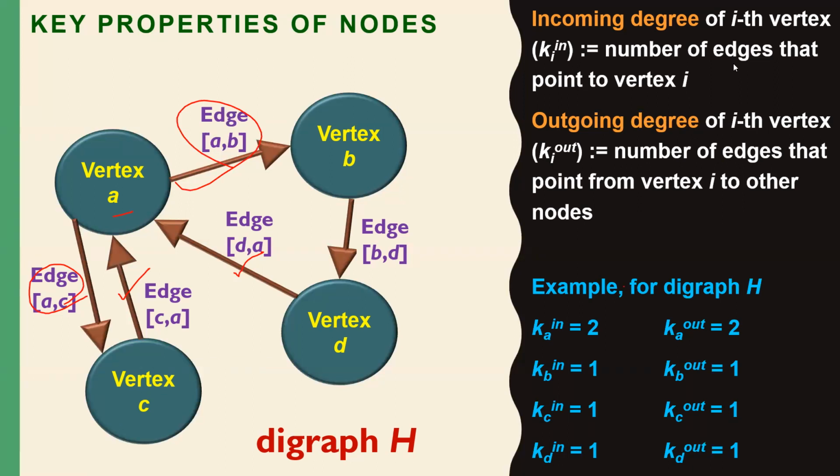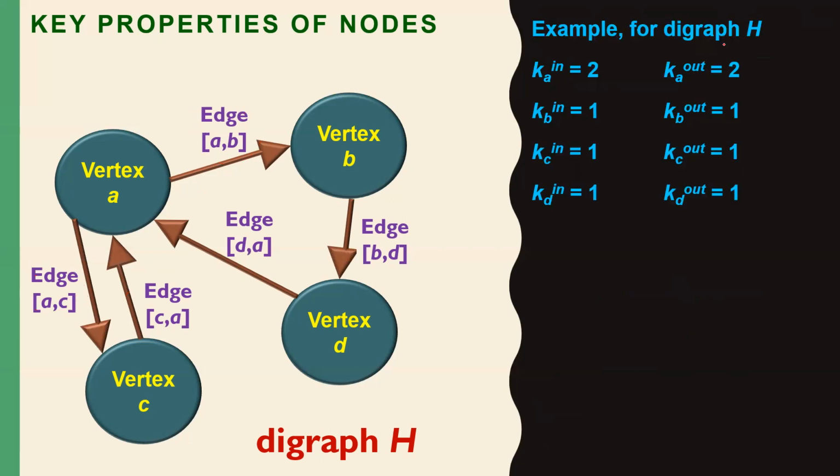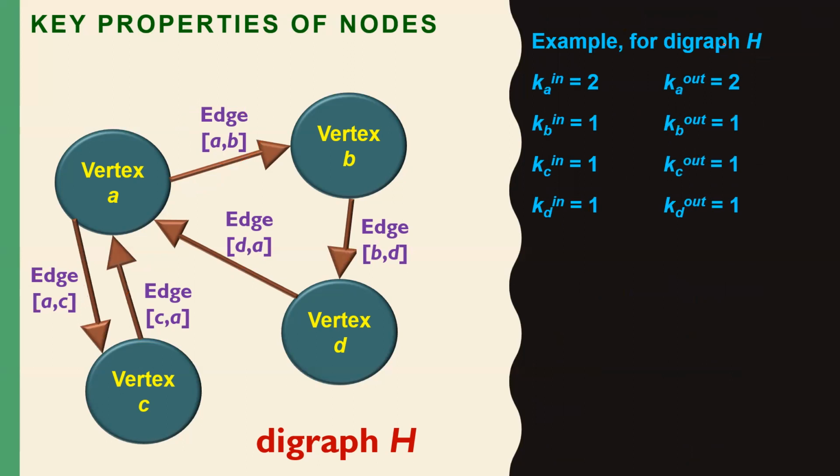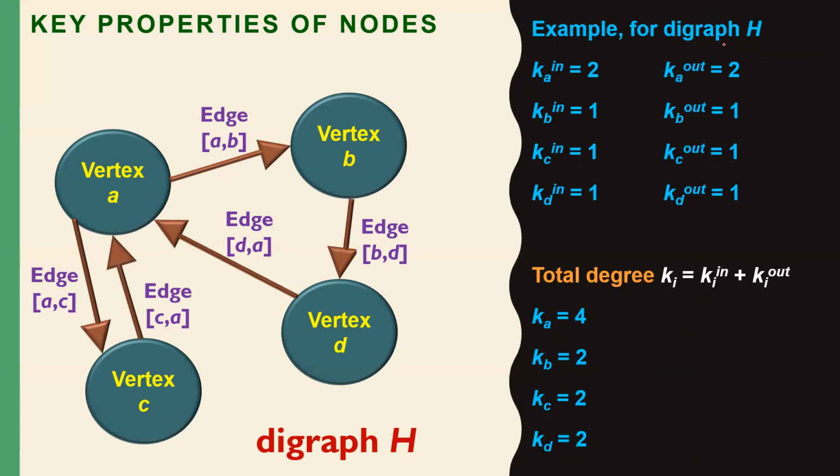But like simple graphs, we would like to translate the degree of nodes into a more global measure of the characteristic of the graph. So we look at the averages of these numbers. But before that, we also take a look at the total degree of a vertex.